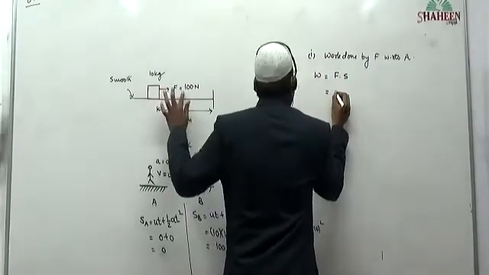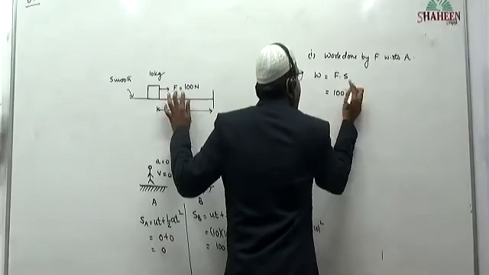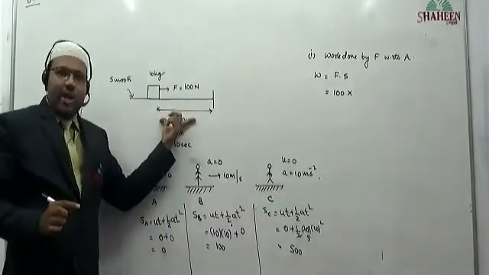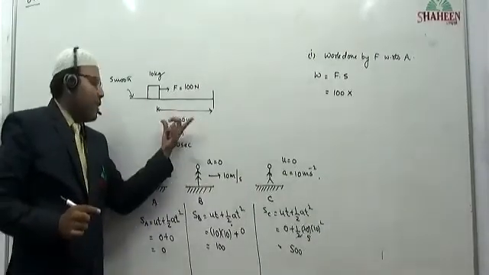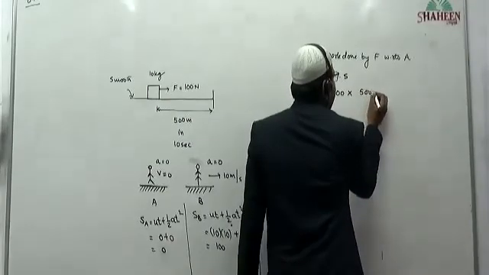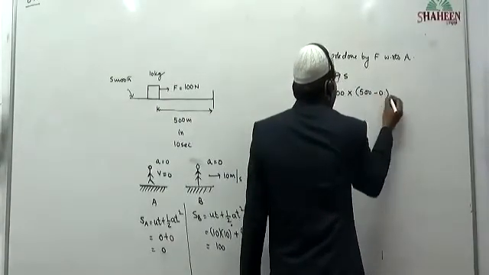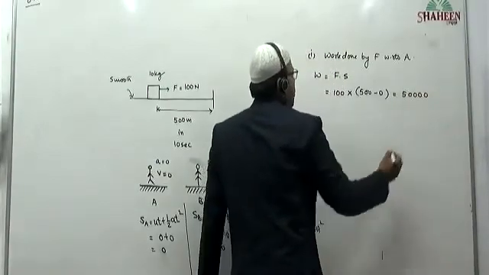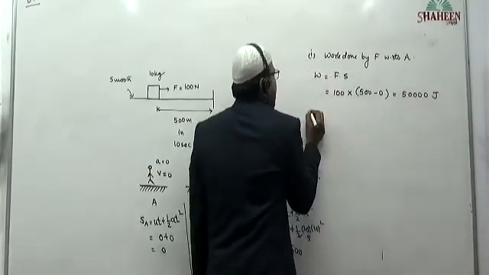How much is the force here? 100 Newton. Displacement with respect to A. So how much is the displacement of this block? 500 with respect to A. So we will do 500 minus 0. So this is how much? 50,000 joule.